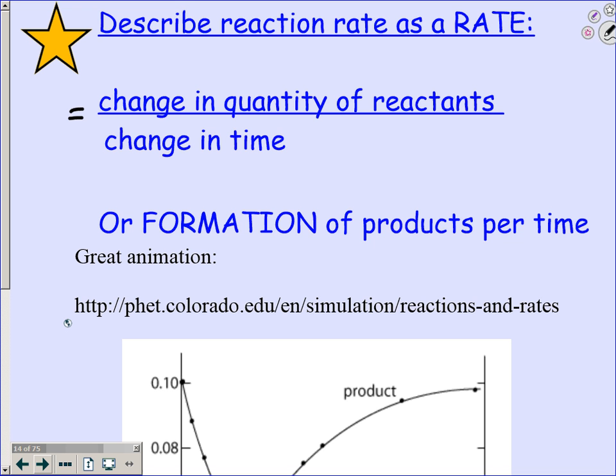But in chemistry, we don't have particles moving in distance, right? We have them in a test tube and we're looking at them. So we look at them and we try to measure something about them. If you had a colorful reactant and it was pink and it changed from hot pink to light pink to baby pink to no pink, we could see that color change over time. If we knew that reactant was pink, we could then look at how the quantity of the reactant changed over time.